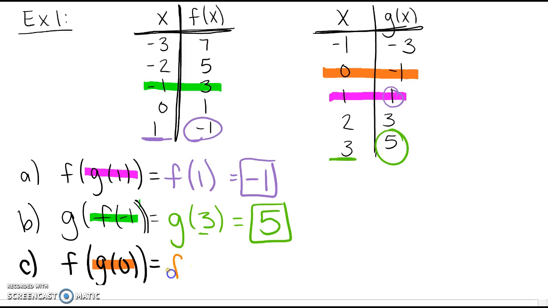So I can simplify this to be F of negative 1. And I'm going to go to the F of X function, and we have negative 1. It's right here. When it's negative 1, we have 3. So F of negative 1 is going to be 3. And that's that.